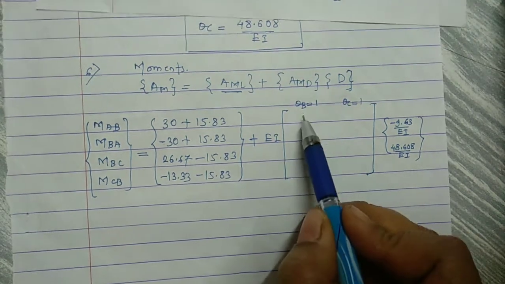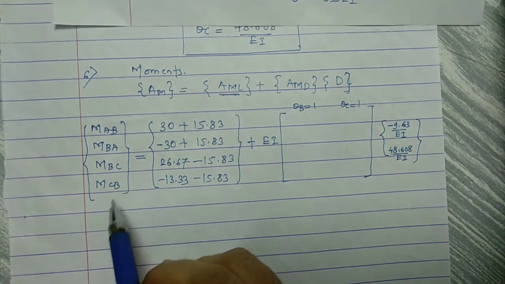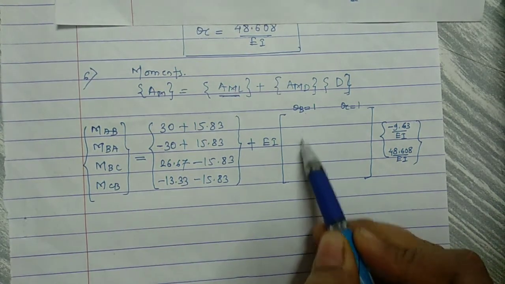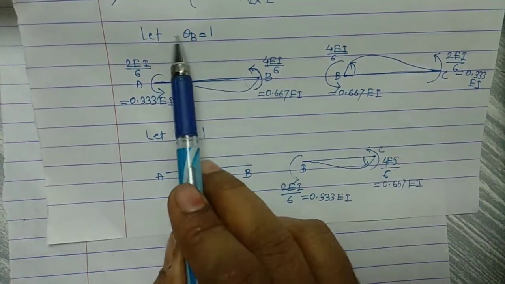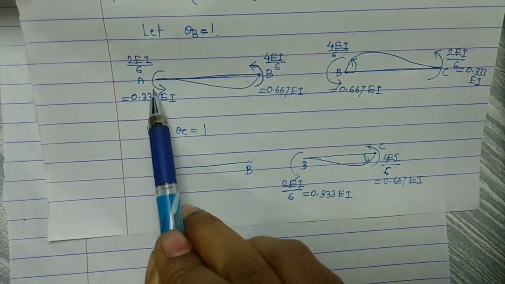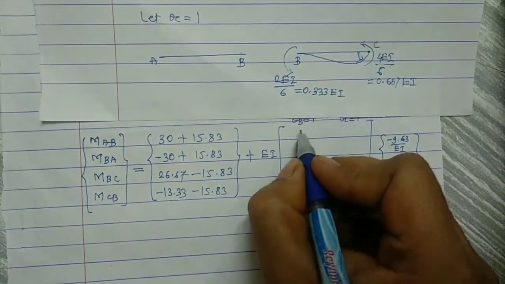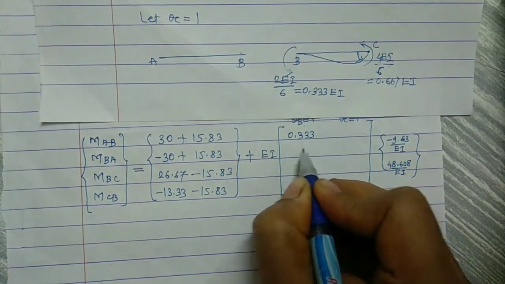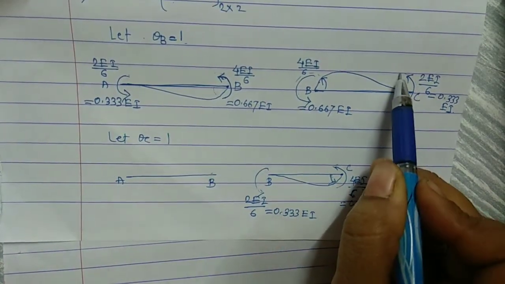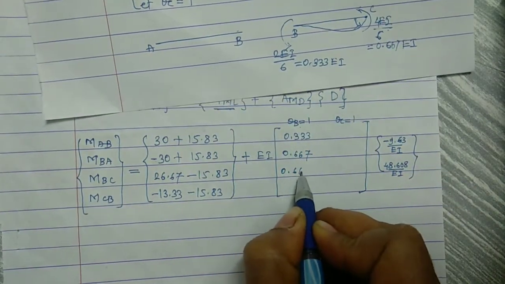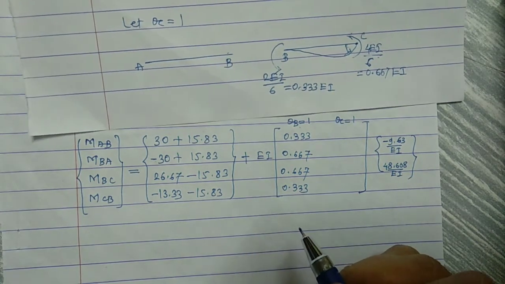So when theta B equal to 1, see that figure, this is AB moment 0.333 EI, this is BA moment 0.667. So write down those elements here: 0.333, 0.667, BC 0.667, CB 0.333. So 0.667 and 0.333, EI is written outside common.